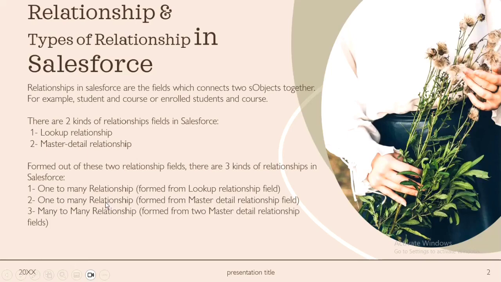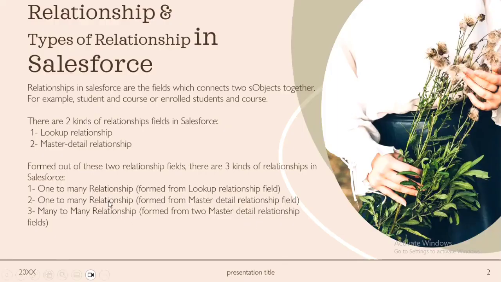Another one is one-to-many relationship from master detail relationship. And third one is many-to-many relationship formed out of two master detail relationships. Many-to-many relationship is created by a junction object. We create a junction object. We create two master detail relationships in that junction object, and hence we create many-to-many relationship.